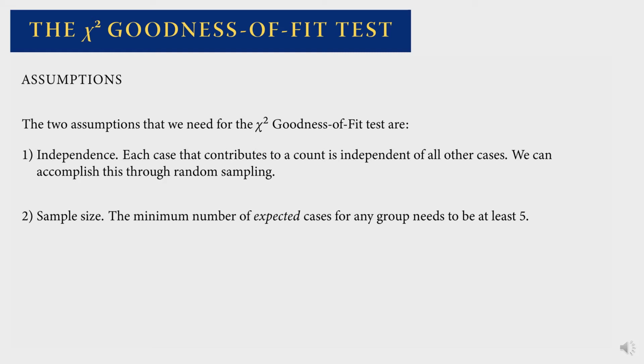Sometimes, if your expected counts are too low, you can group the categories. Like, let's say I have a situation like this. My expected counts are shown here.